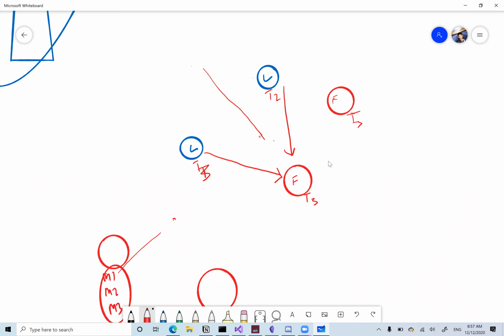And because this can actually take votes from these two nodes, now this can become a leader. So then this will become a leader for term 4 and this will keep on switching. Yeah, makes sense.